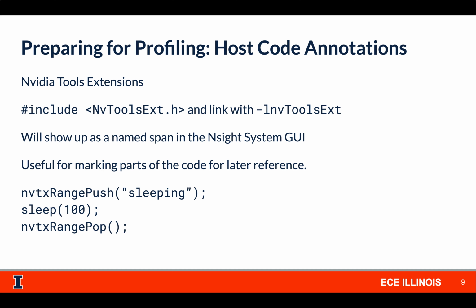To do this, you have to annotate your host code a bit, so you'll include a particular header, the nvtx3 ext header. That should probably be lowercase nv, and you'll also have to link against this library. But then you can use nvtxRangePush to add a span to your code, and nvtxRangePop to remove that span. This is like a stack, so you can push twice and then pop twice, and you'll get nested spans that show up. We'll see an example of that towards the end of the lecture.